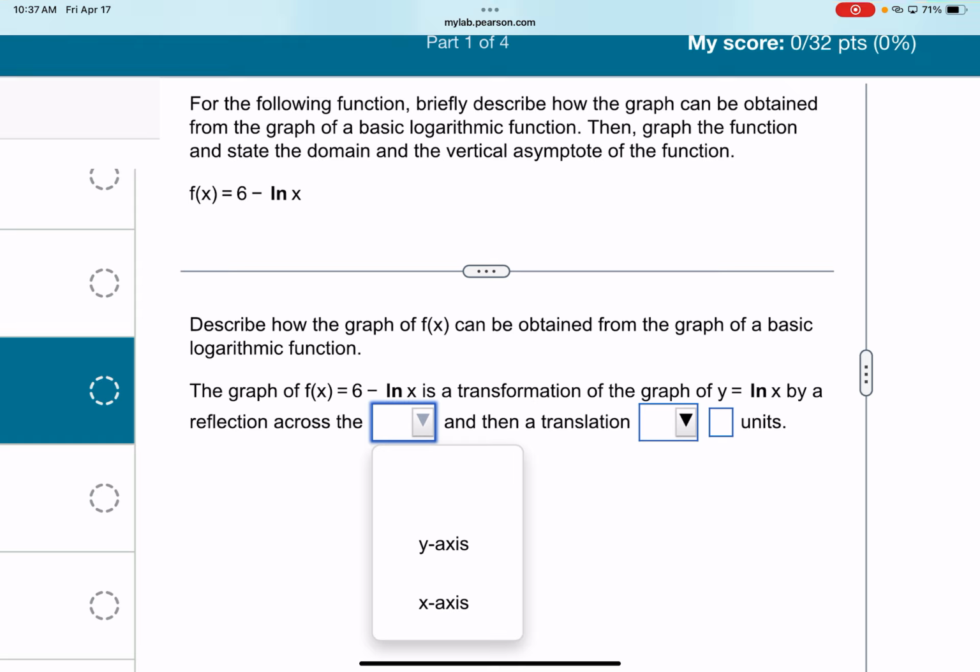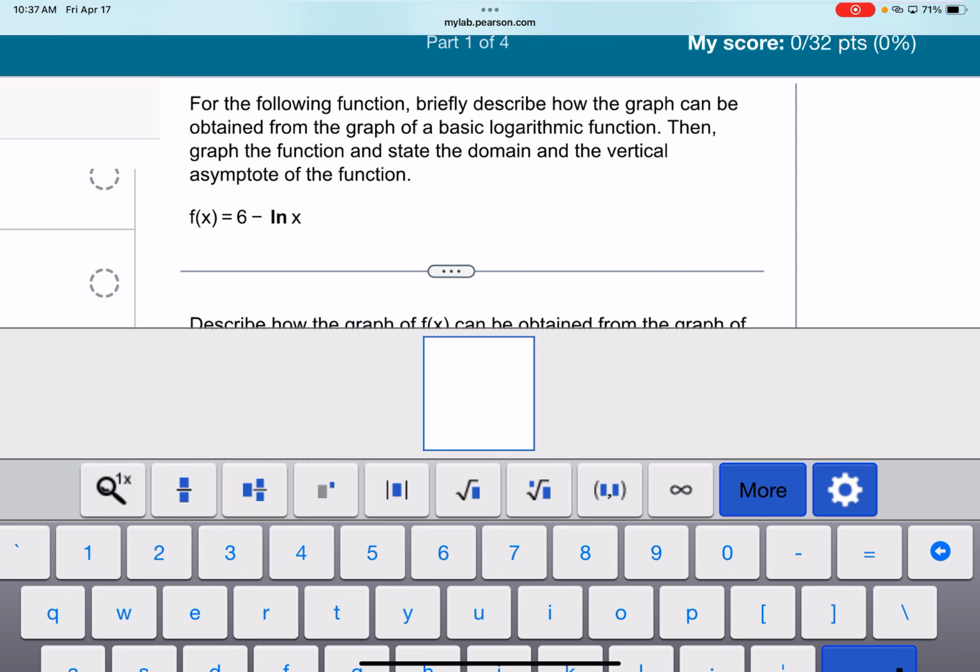So reflection across the x-axis. And then the 6 is being added to the negative ln of x, because in front of it is positive, right? So that would be a translation up 6 units.